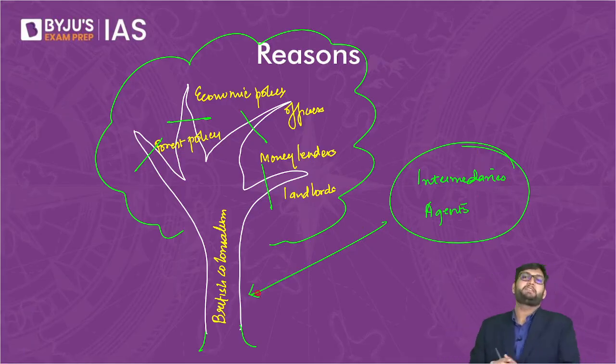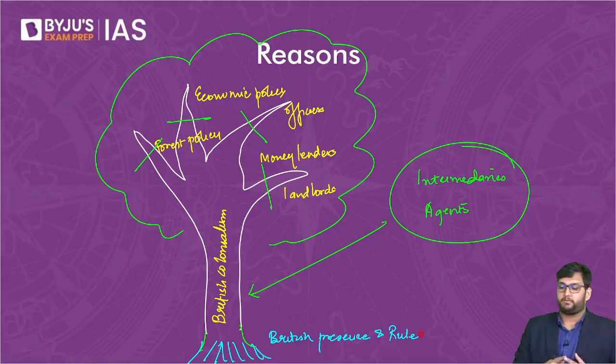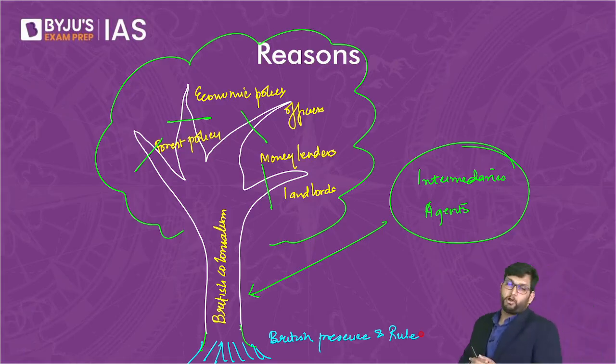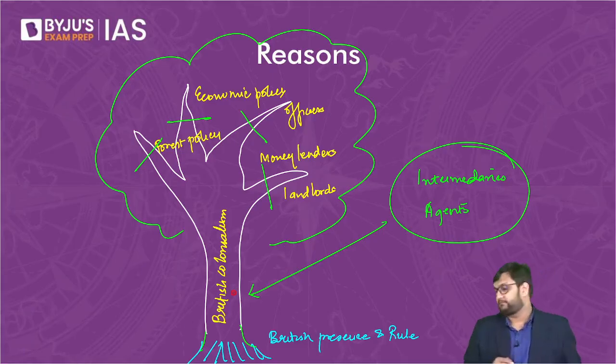The root cause is British colonialism, the British being here. This is where 1857 is different, because 1857 tries to cut the root itself, the root being the British presence and rule. In order to properly remove their misery, you should not go for the branches. You have to go for the roots and the trunk.